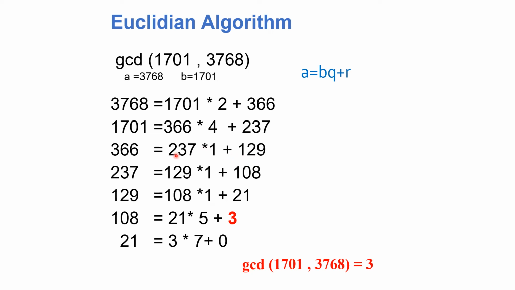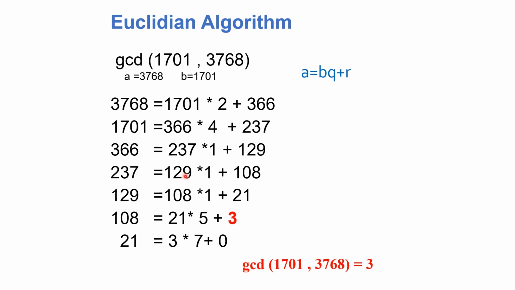Now in the next step, 237 moves to the left hand side. 237 should be divided by 129, with 1 as the quotient and 108 as the remainder. So 237 is equal to 129 into 1 plus 108.